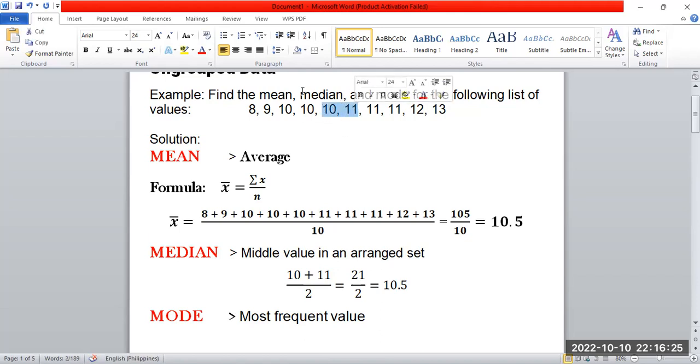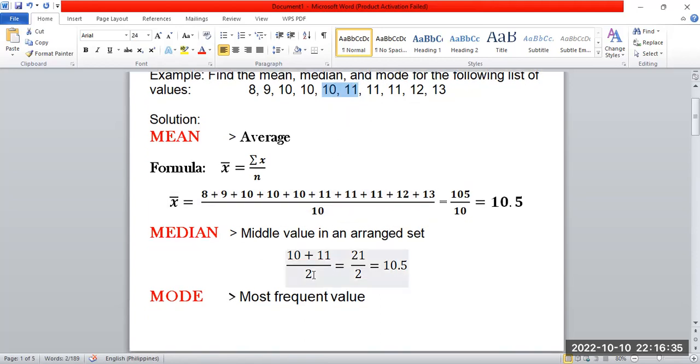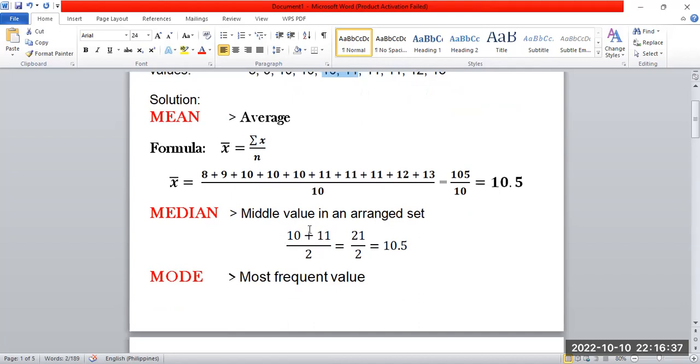Sila yung nasa gitna. Bakit? 1, 2, 3, 4. 1, 2, 3, 4. Silang dalawa yung nasa gitna. So just add 10 plus 11, tas divide nyo by 2. So the median is 10 plus 11 divided by 2, and 10 plus 11 is equal to 21 divided by 2. So 21 divided by 2, that is equal to 10.5.